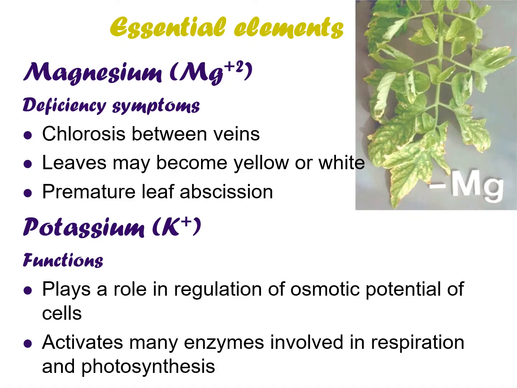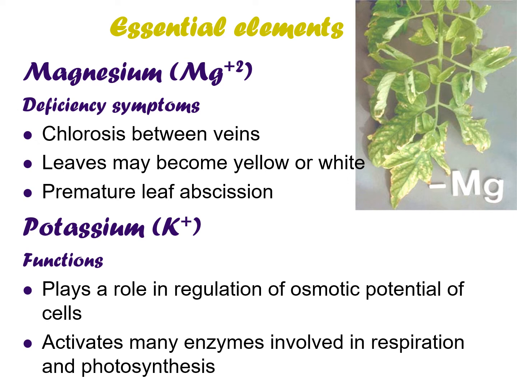Symptoms of magnesium deficiency include chlorosis between veins and premature leaf abscission.